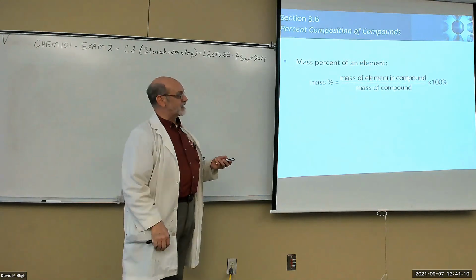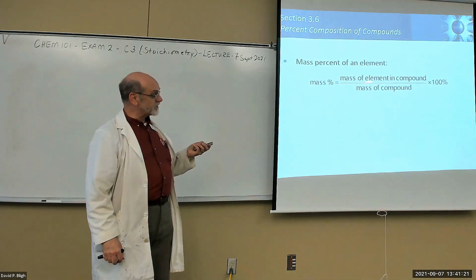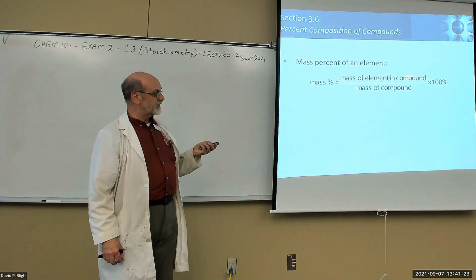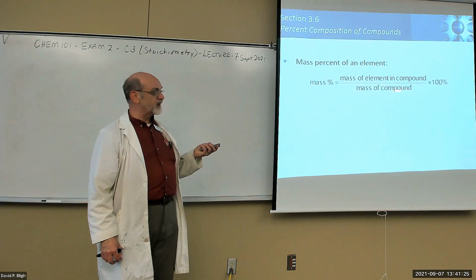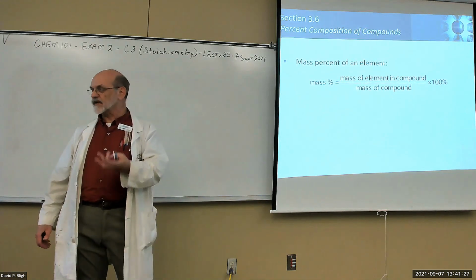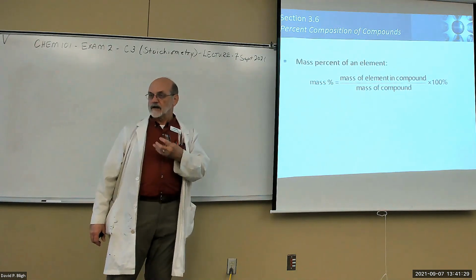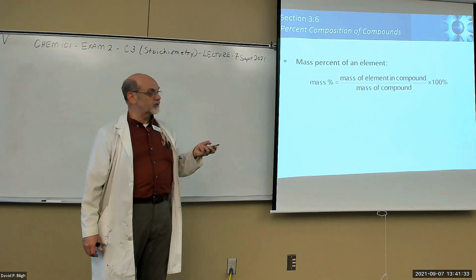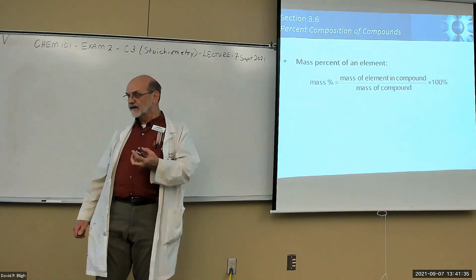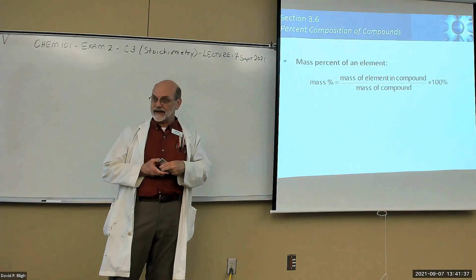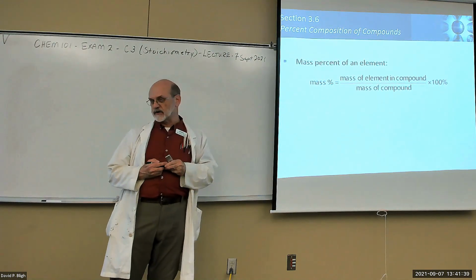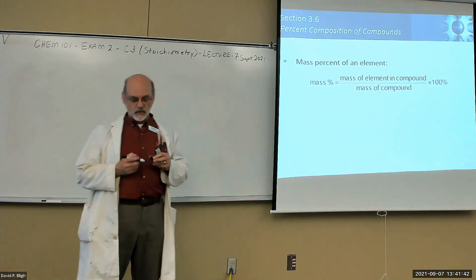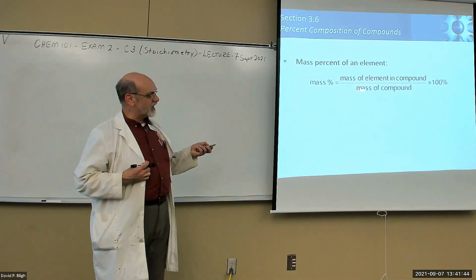So what do we mean by that? Well, you know the mass of the element by your analysis, and then you know the mass either of the compound or of the sample, whatever the case may be, the total mass divided into that mass times 100 is the mass percent. Now, when we're talking about mass percent for compounds or formula units, you want to know what's the mass of the compound.